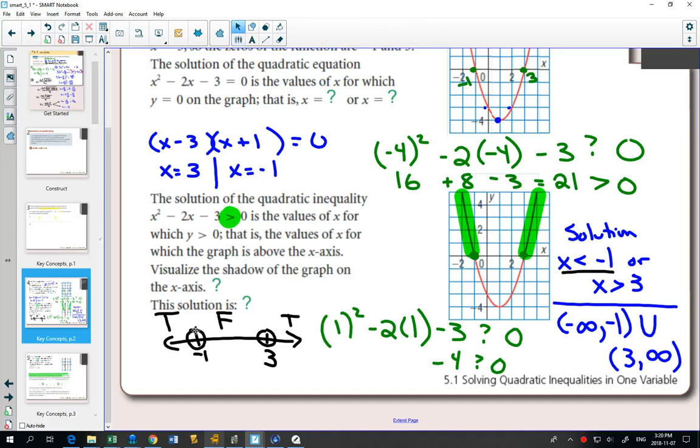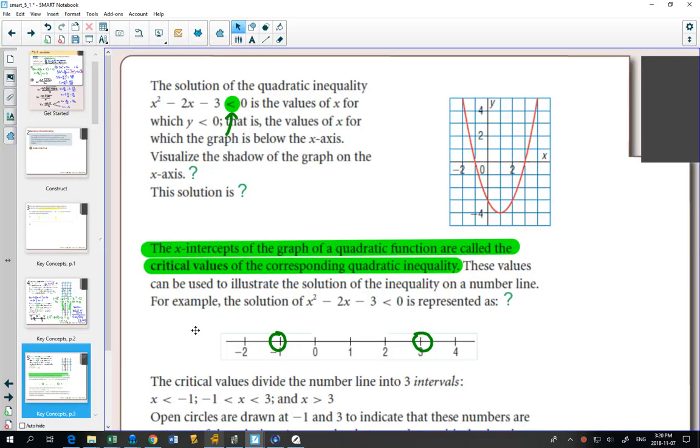Those are the values where it's equal to 0, and I'm just looking for the values where it's bigger than 0. So we find our critical values, and they just shade it, but I always note that this section in this case would be true, and these sections would be false.